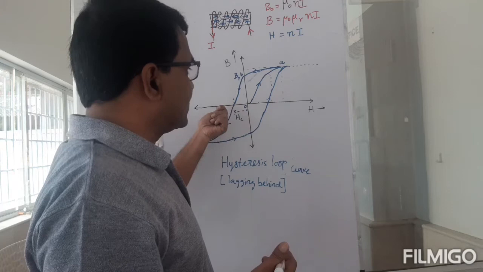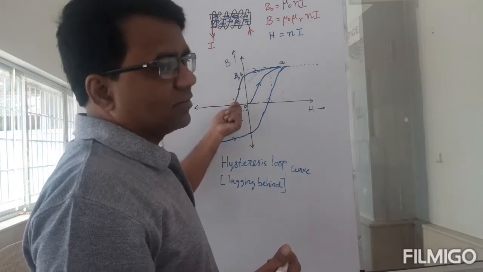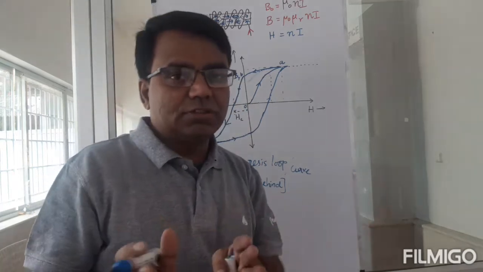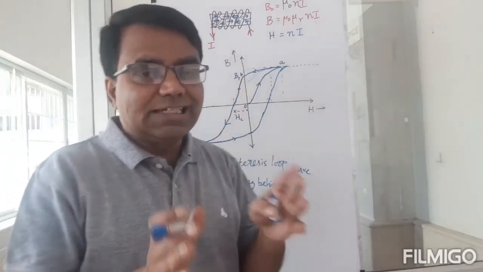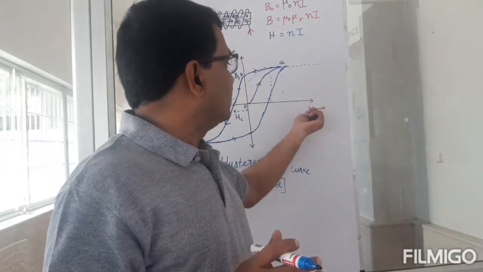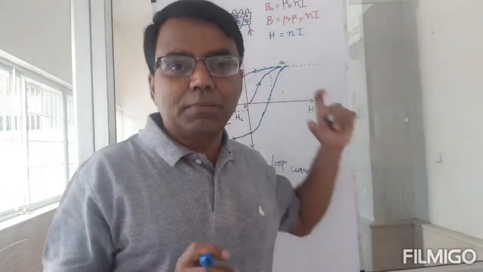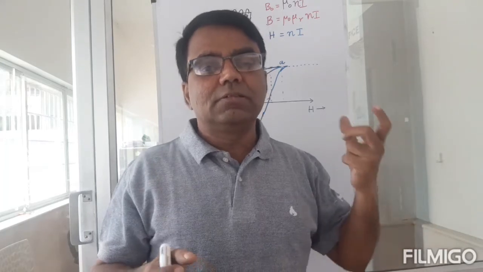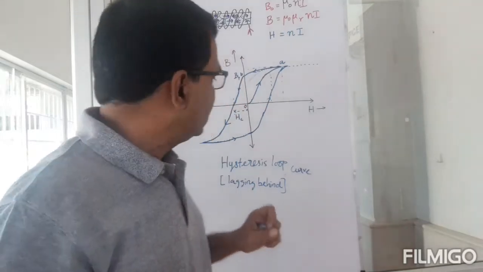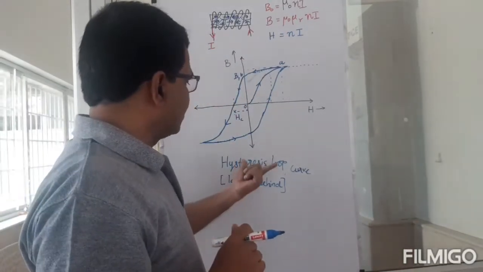When the current is more negative, then it is zero. So that is what you call hysteresis. B lags behind H. Field lags behind the magnetizing current. So this is what you call hysteresis.